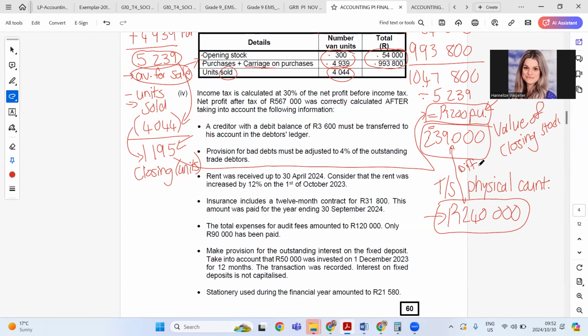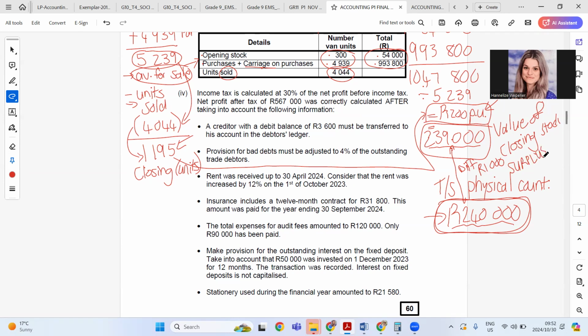Remember that you always have to have your physical stock count in your SFP. So this is what you want to see in your books, but this is what you have currently. Therefore, you have to adjust for that 1,000 Rand difference. Whenever your books are less than what you physically counted, you have a surplus.